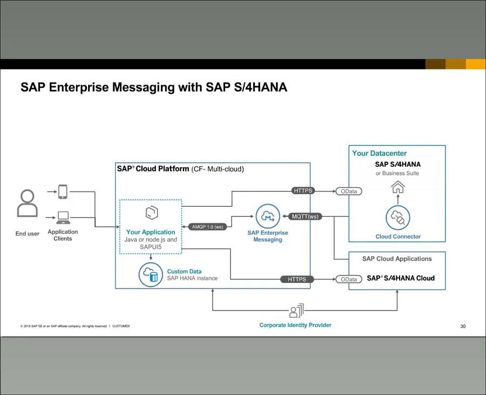So let's say you have an application that relates to business partners or customers and so on, right? Whenever a business partner is changed or created, you will have the message that is received by enterprise messaging, and that message or event is distributed to all of those applications and services that are subscribed to that particular event type.